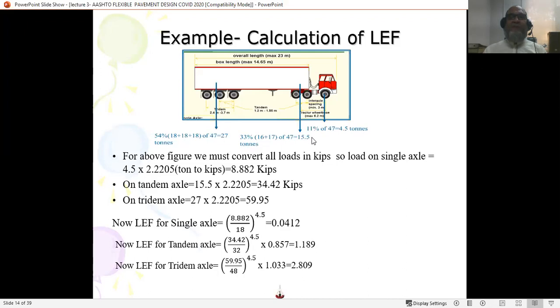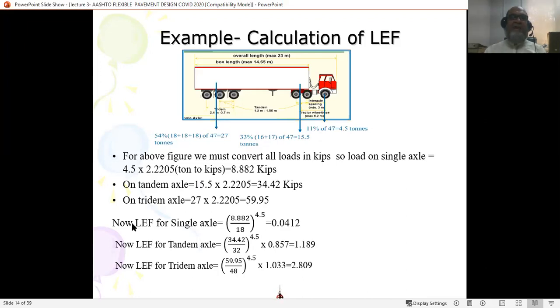So if the load is 4.5, we multiply by 2.2205 to convert ton to kip and then it becomes 8.8 kips. And likewise, we have converted the load of tandem axle and the load of tridem axle, because we want to express it in terms of kips.